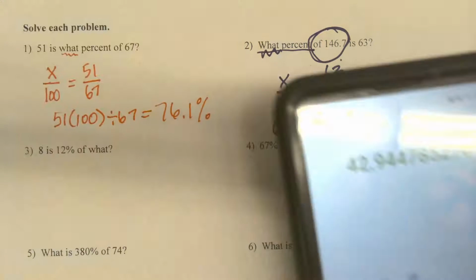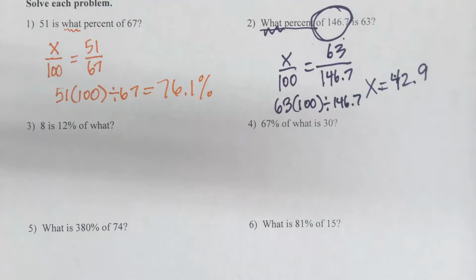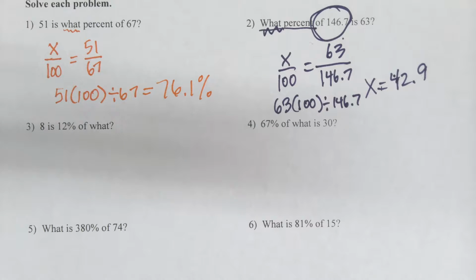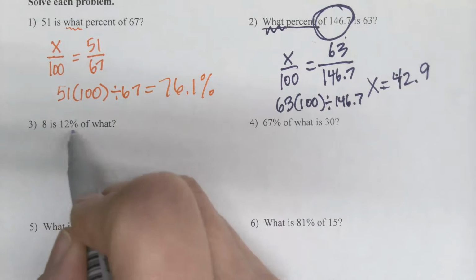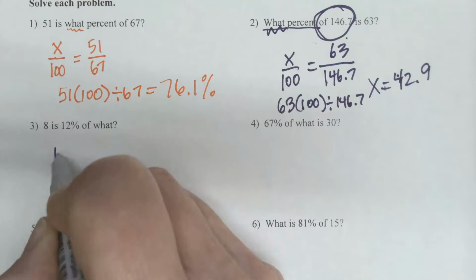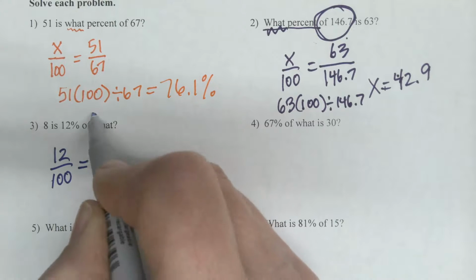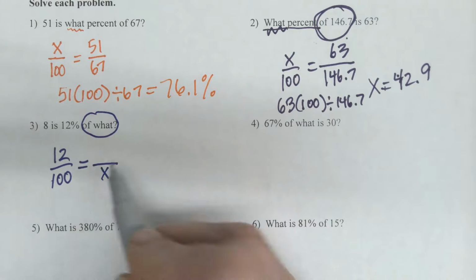Now, they're not always going to be missing a percent, so sometimes it's going to be missing the is part, sometimes it's going to be missing the of part, and that's where we have to set up or work through and figure out what's what. So I always look for the percent first. 8 is 12% of what? So 12 over 100. And then the number that follows of is missing this time.